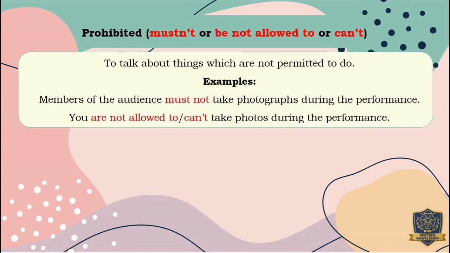So, to talk about things which are not permitted to do. Examples. Members of the audience must not take photographs during the performance. You are not allowed to, or you can't take photos during the performance.